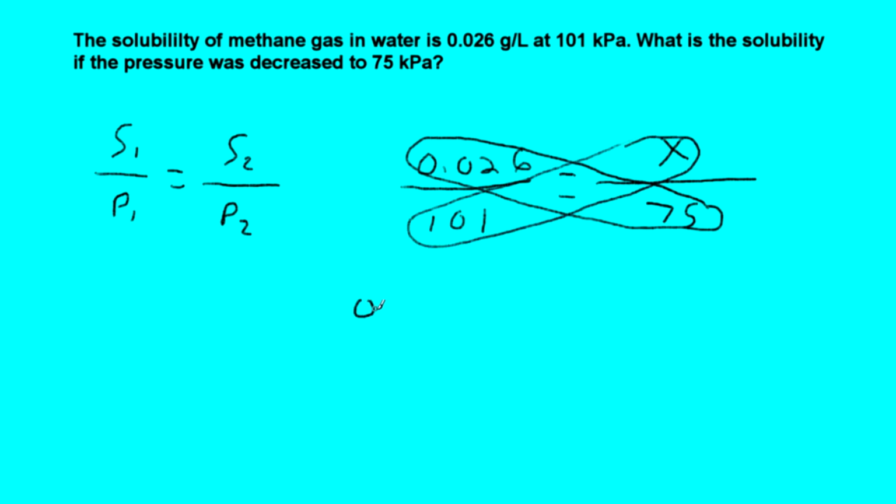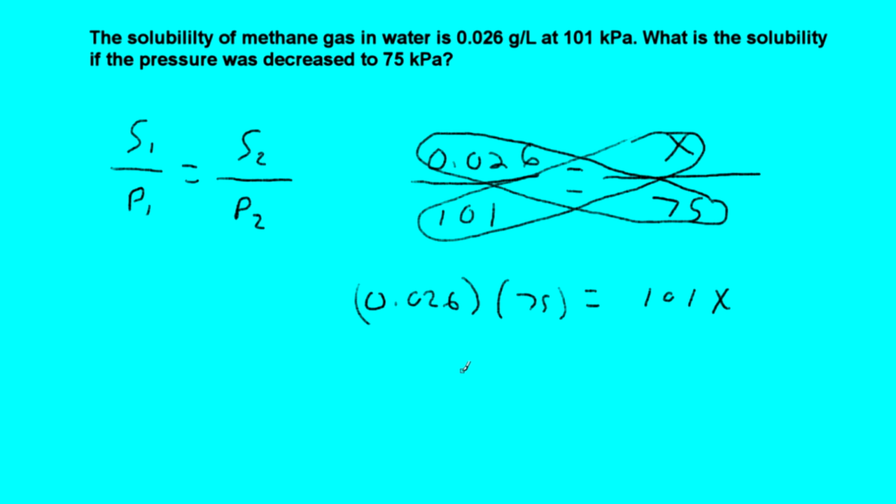So again, we're doing this, crisscross math, a little bit of algebra. So it's going to become 0.026 times 75 equals 101x. This becomes 1.95 equals 101x. Divide both sides by 101.